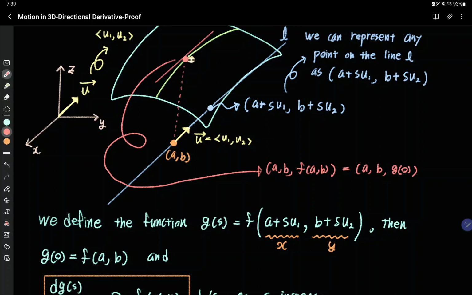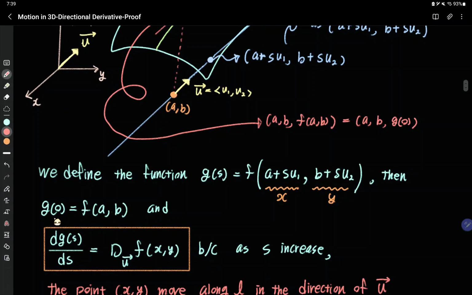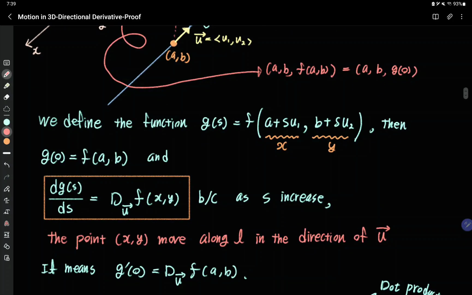It means that it is along the curve, because the direction of the curve is exactly the same as the direction of L. And g(0), when parameter s is replaced by 0, is nothing but f(a, b). So the derivative of g with respect to s is going to be the directional derivative of f along the vector u, because as s increases, the point (x, y) moves along L in the direction of vector u.